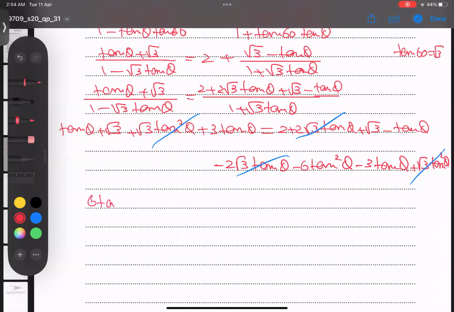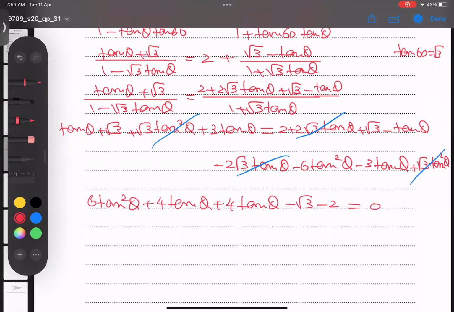So I'm writing like this. Done, no tan square further. Now how many tan? This is tan and this 3 becomes 4 tan theta. And this minus tan and minus 3 tan becomes minus 4. When this minus 4 comes to the left-hand side, it becomes positive 4. So this is done, and this √3 and this 2 are left behind. So when they come to the left side, I get negative √3 and negative 2, equals 0.